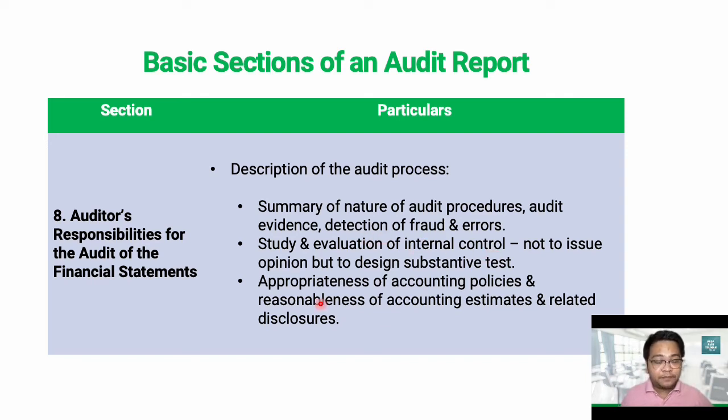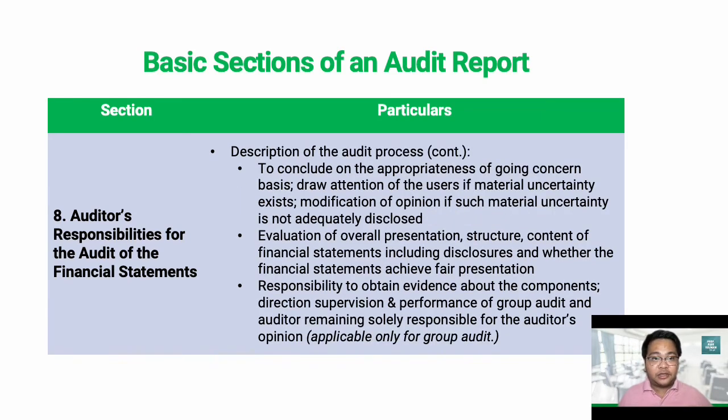We also mention that we evaluate the appropriateness of accounting policies and reasonableness of accounting estimates and related disclosures made by management. Another is to conclude on the appropriateness of the going concern assumption made by management and to draw attention of the users.